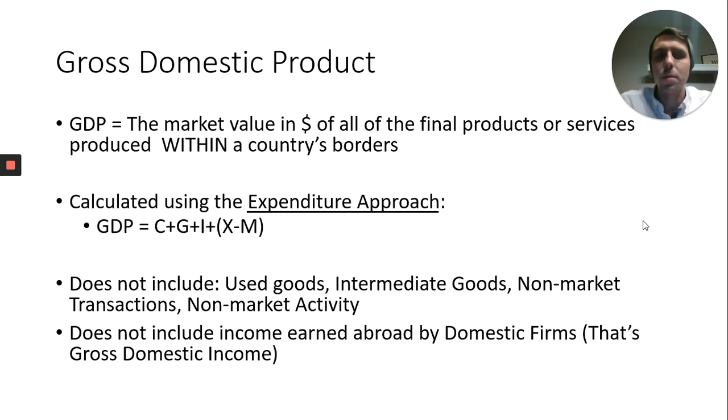Parallel markets, we've talked about that. And we can't include non-market activity. That would be like if you get a social security, or your grandparent maybe gets a social security check every month. If they get a check from the government, we can't count that because that money inevitably gets spent, at which point it does count.